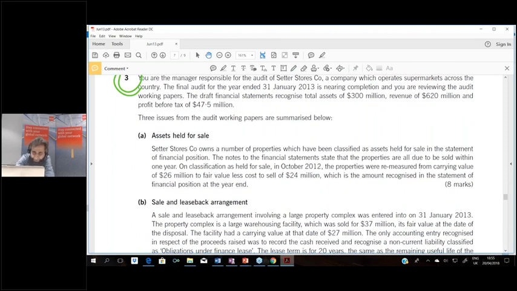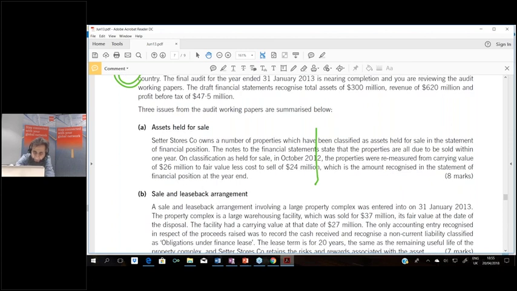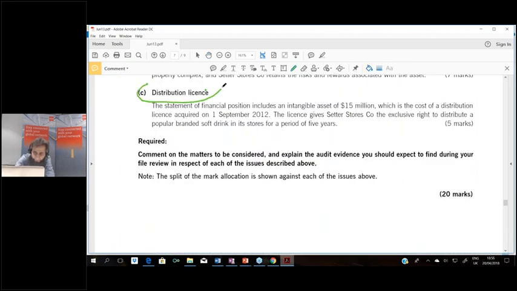The distribution license carries 5 marks. And see the requirement we did on day 3. It says comment on the matters and the evidence you should expect to find in the file.